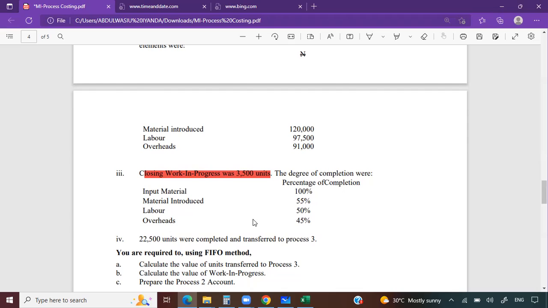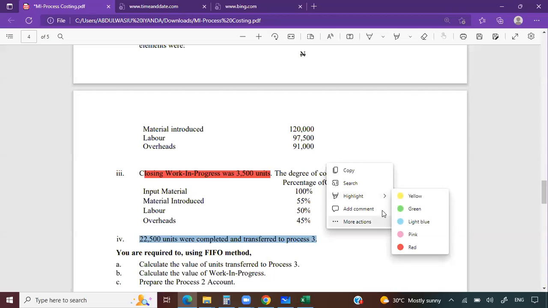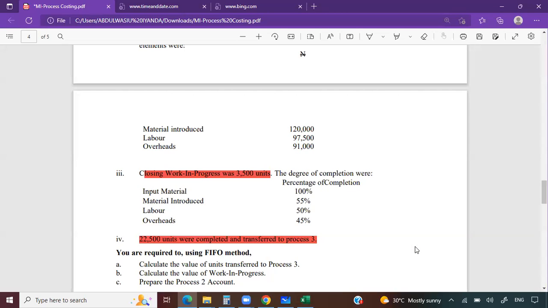calculate the value of units transferred to process 3. You're already given the units. What the examiner needs now is the value.